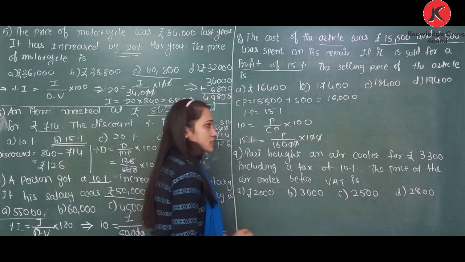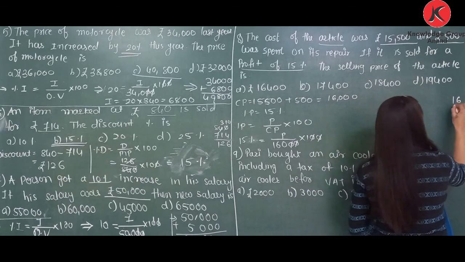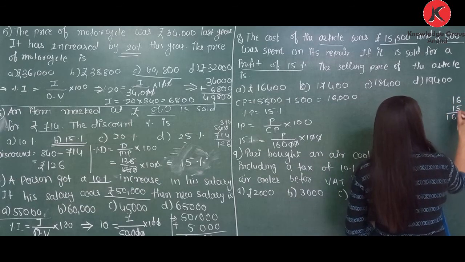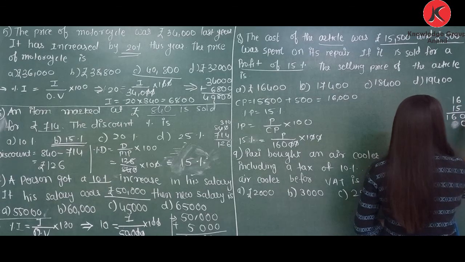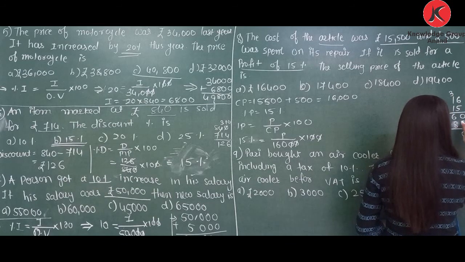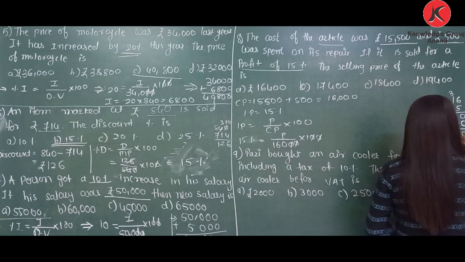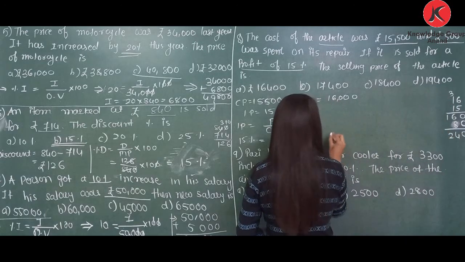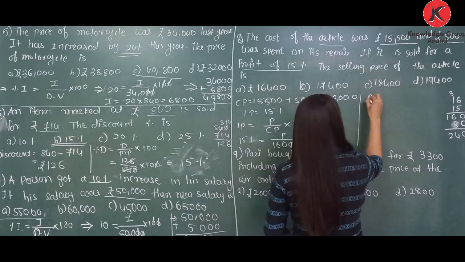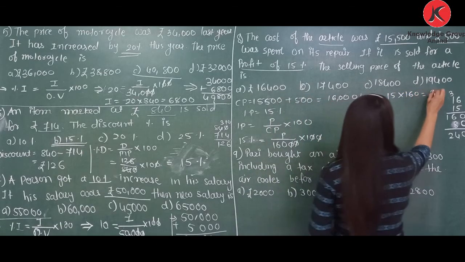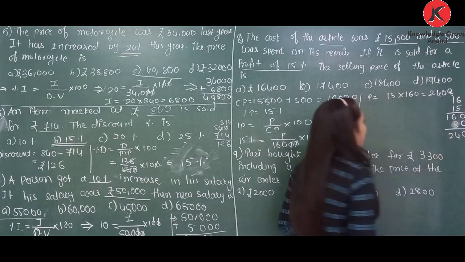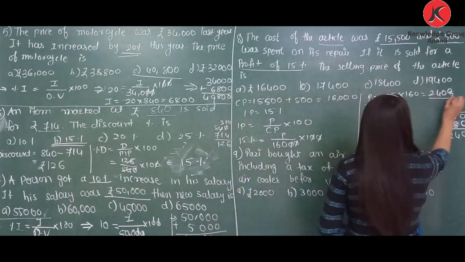Now multiply 15 with 16, that will give 240. So profit will be 15 multiplied by 160, so it is 2,400. Profit in rupees is 2,400.